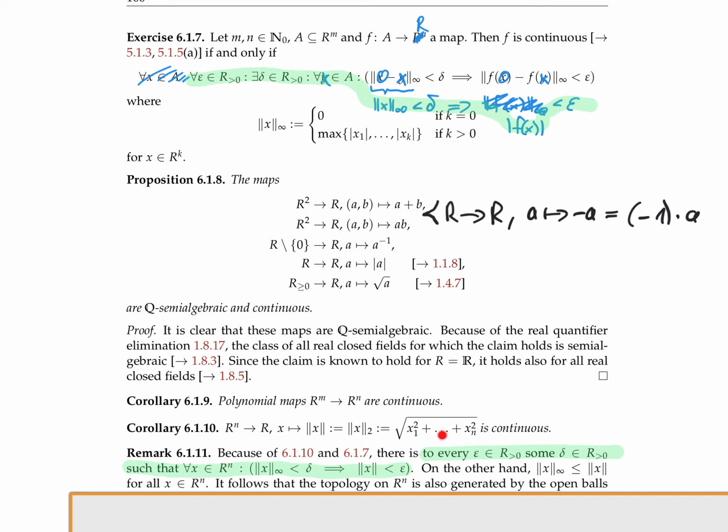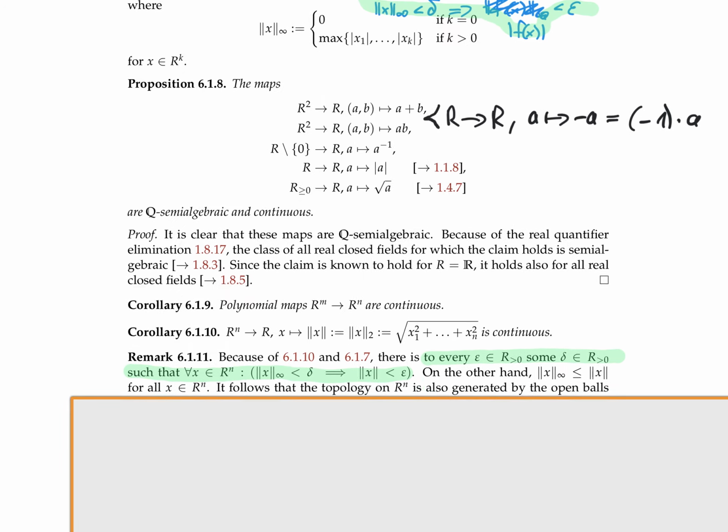But I don't need the absolute value here, of course, because the square root is already defined to be non-negative in the real closed field R. Okay, so I get this.